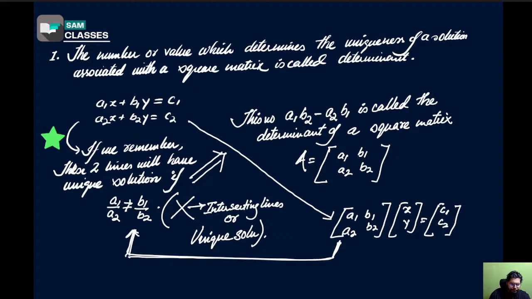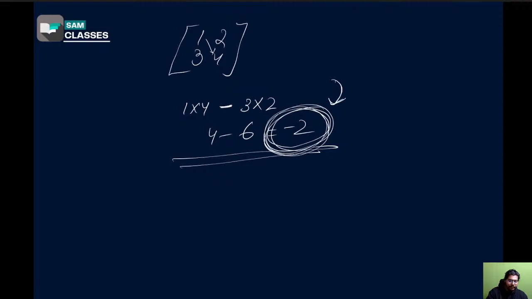If you see a line equation like this, then the value a1 b2 minus a2 b1 is nothing but the determinant. Correct? So for any square matrix like 1, 3, 4, 5, what is the determinant value?